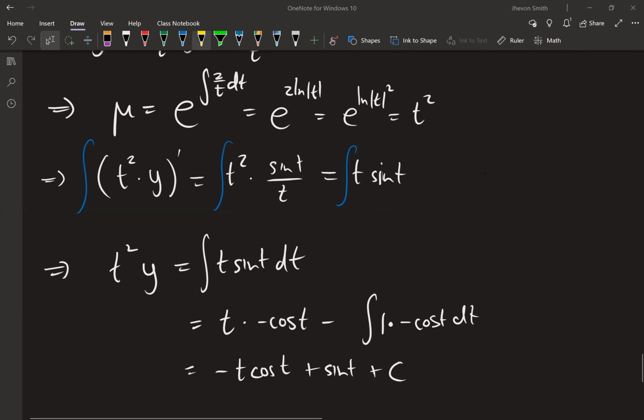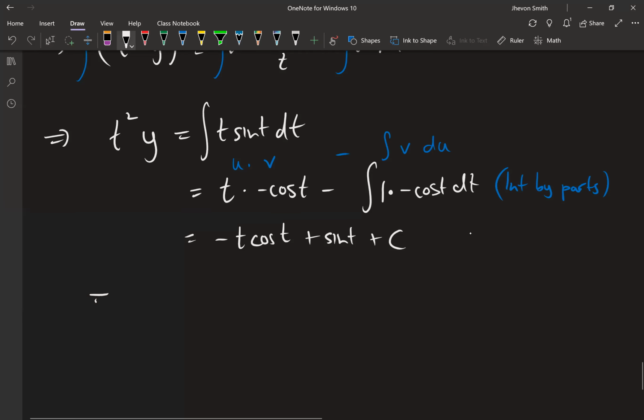So here what I did was integration by parts. So this is going to be u times v minus the integral of v du. Okay, so that's going to be the integral.